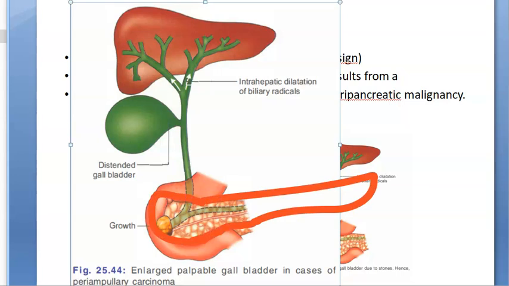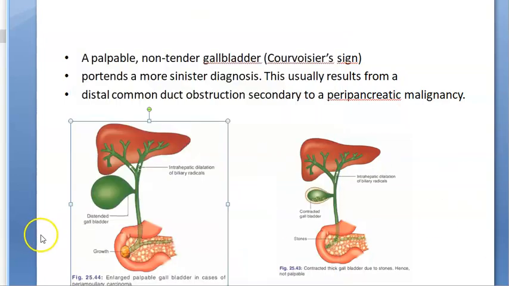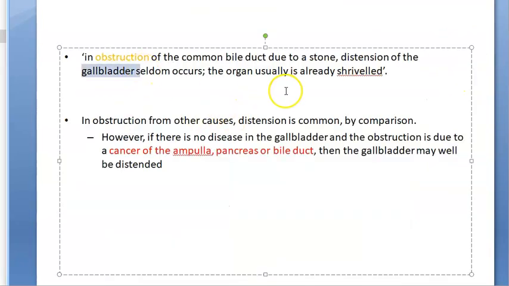Okay, this pancreatic cancer, head of the pancreas especially, or it is because of some other carcinoma here, which could be of the ampulla, or because of some common bile duct issues. That's what they're trying to say. So you should be careful that if you can palpate the gallbladder, then it is not because of stones. There is some other serious cause. That is what the textbook says.